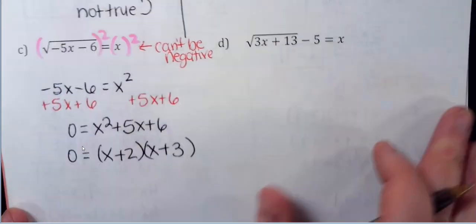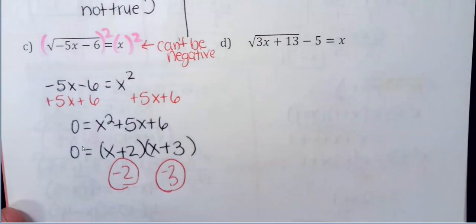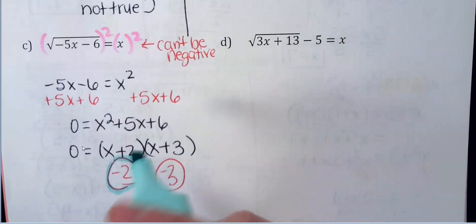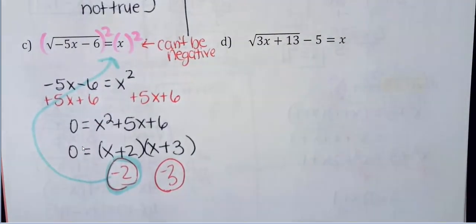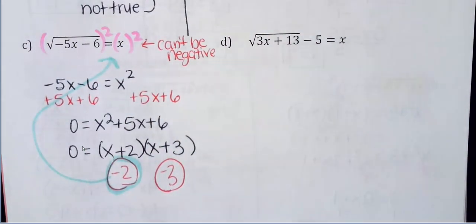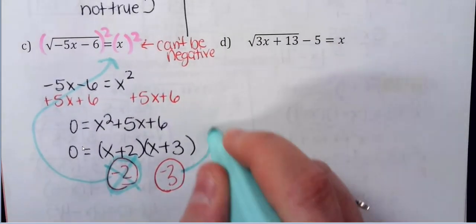Okay, now, here is the deal. You just got to check real quick. All right, so remember, if I plug it back into the original, you cannot have a square root equal to a negative. So if I put in the negative 2, we're going to have a radical equal to negative 2. No bueno, not good. Okay, now, same thing actually here, negative 3.